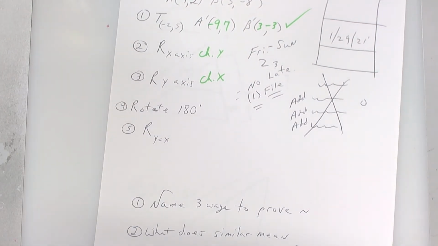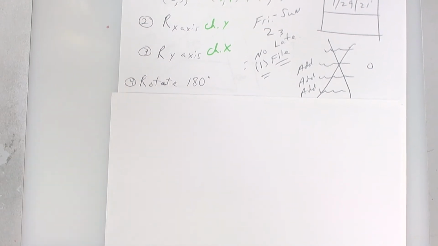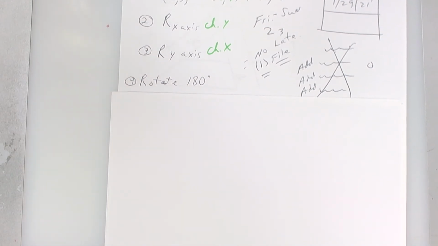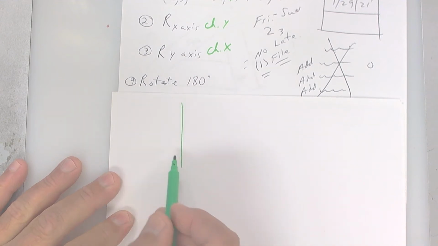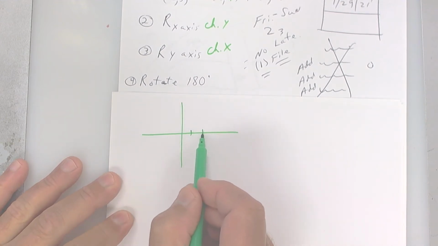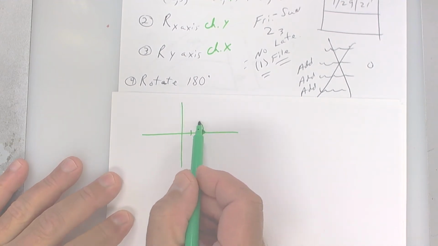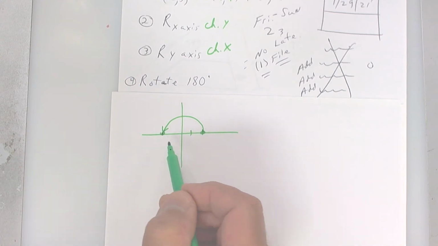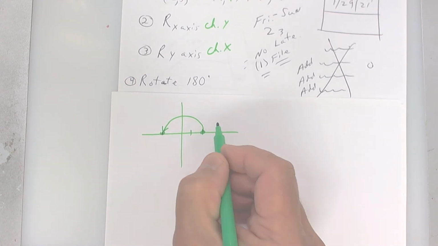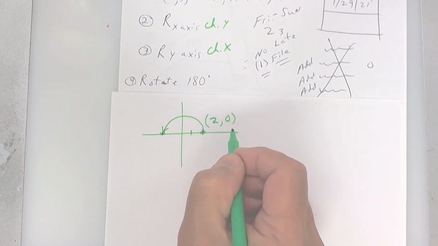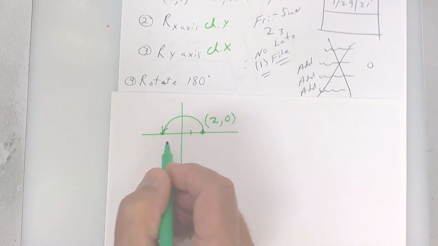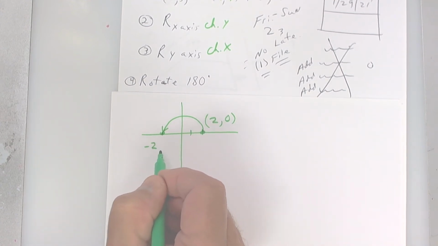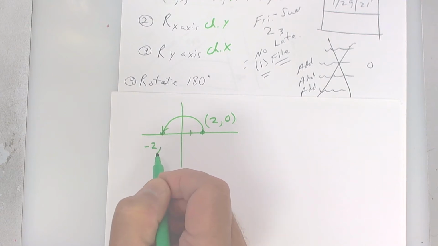All right, and then finally, rotate 180 degrees. Well, I know the rules are on the board, but let me just see if I can figure this out. So let's say you have a point right here, and you want to rotate it either way, this way or the other way. Doesn't matter. So if this point is 2 and 0, the question is, how would you get to this point? To get to this point, you would go -2 and then up 0.